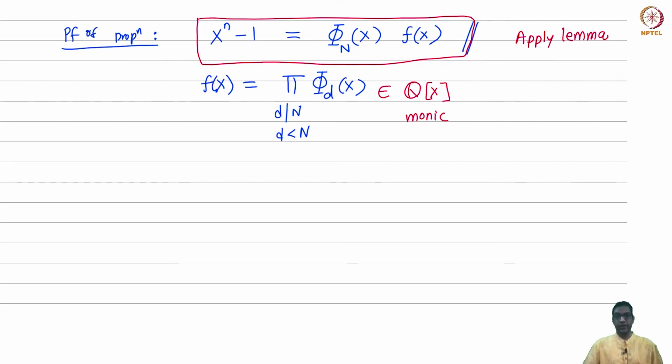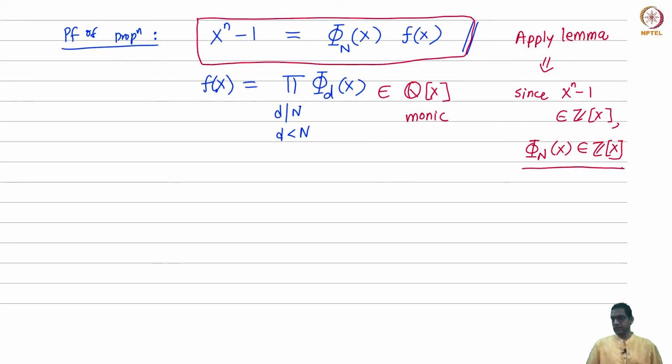All of them are in Q[x], that's the bit I just proved, and so by the lemma, since the left hand side x to the n minus 1 is integral, it's got integer coefficients, therefore phi n of x and f of x both have integer coefficients. But I'm only interested in phi n if you wish. So that completes the proof. Just a simple application of Gauss's lemma.